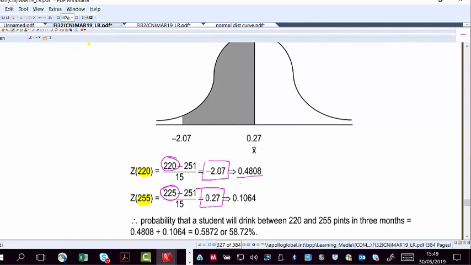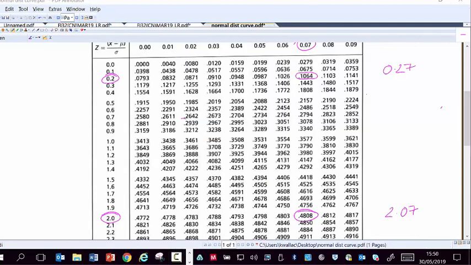We take those z-scores onto our normal distribution tables to get our percentages. Let's just check them together. For 2.07, the table gives us 0.4808, or 48.08%.